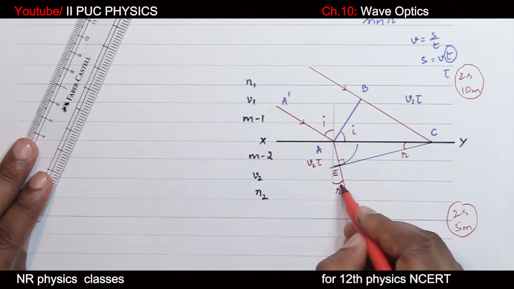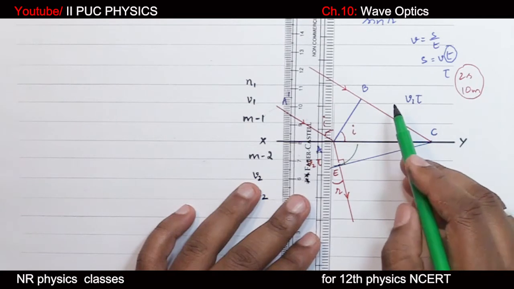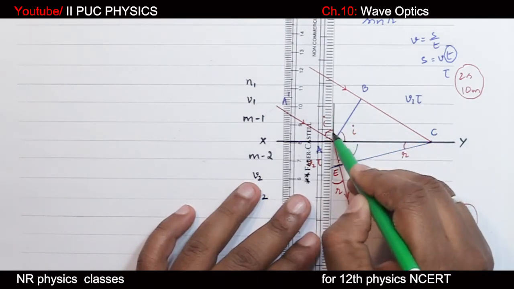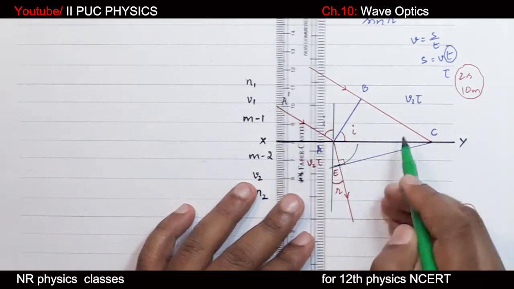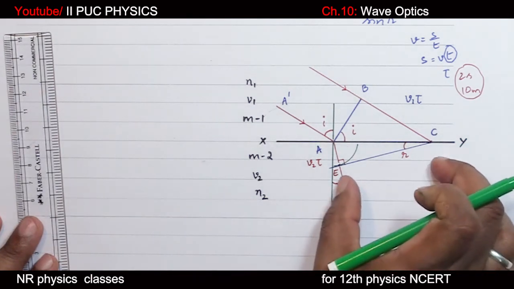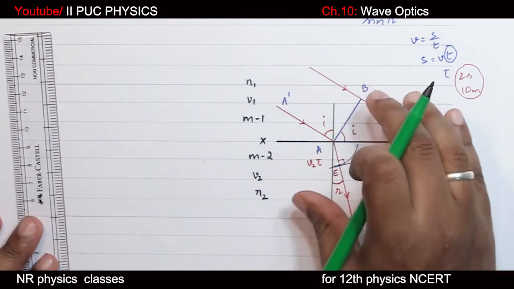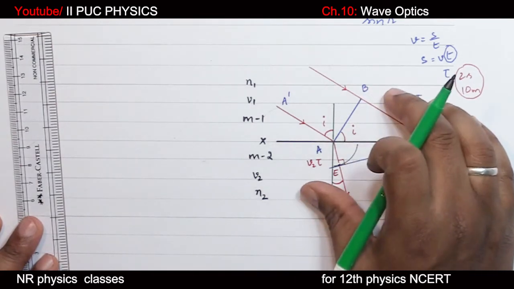So r is the angle of refraction. This is normal. With a little practice, you can draw beautiful diagrams. Okay. Make sure that you don't spend more time on the diagram.